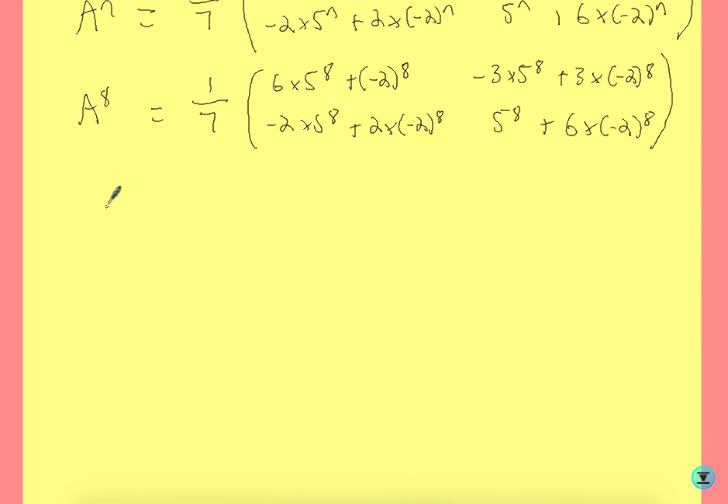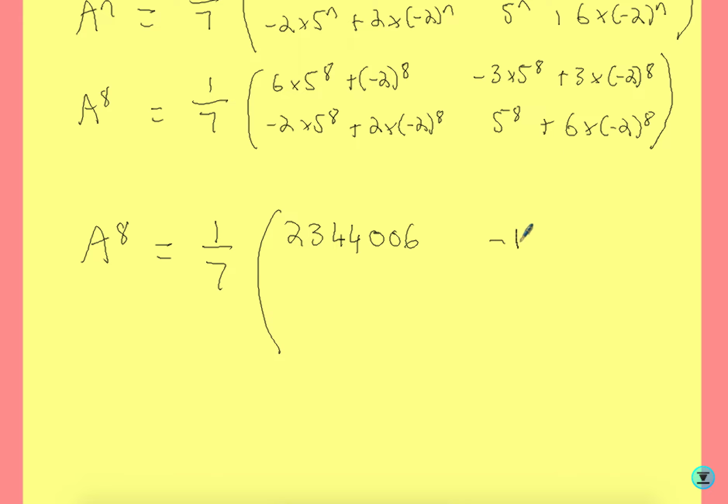Right, so if I type in that top element, I get 2,344,006. And remember, put your negative 2 in a bracket because that's probably where a mistake will happen if I'm going to make one, or you're going to make one.